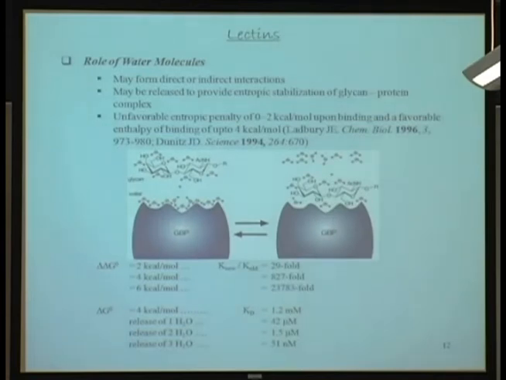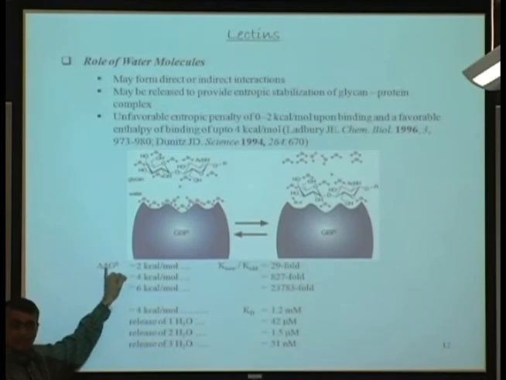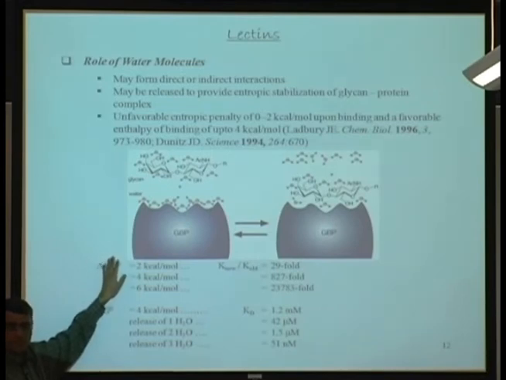So if you have a delta delta G0, right? What is delta delta G0? Change in free energy, right? You know the equation for delta G0 and affinity or equilibrium constant? What is the equation?